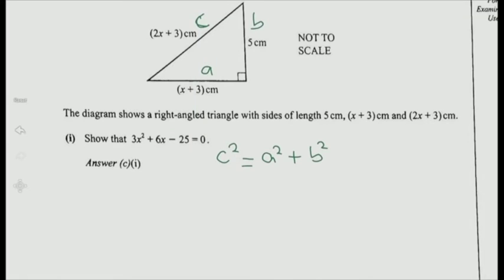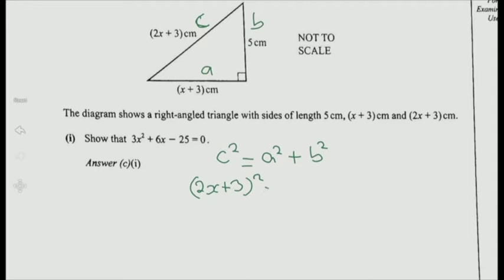So we can substitute. Your C is 2x plus 3, then you square that expression.